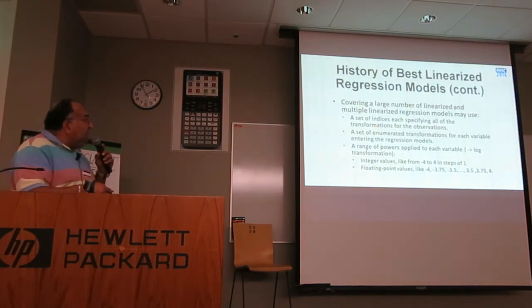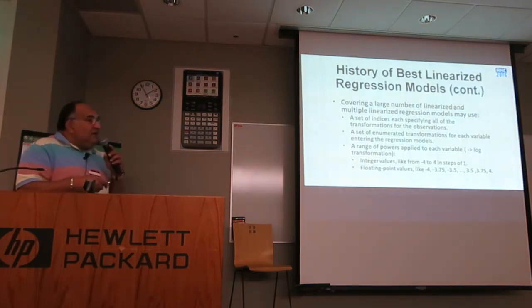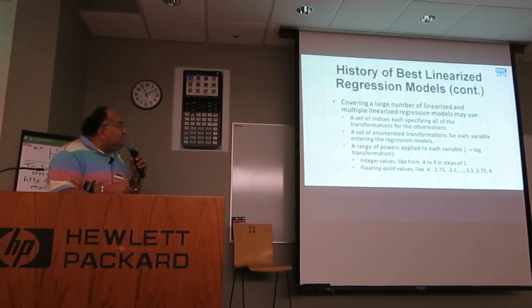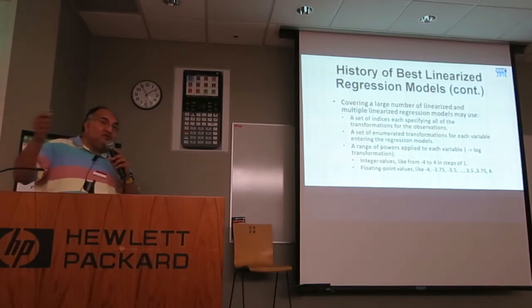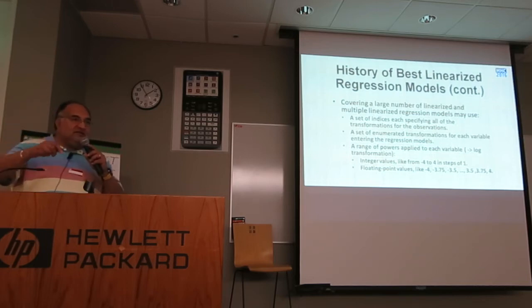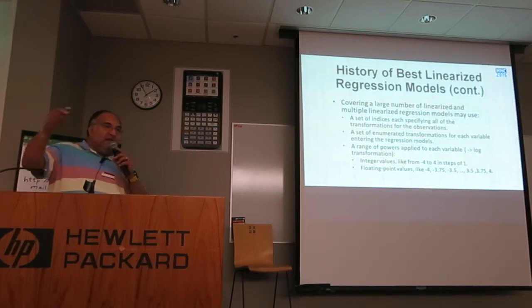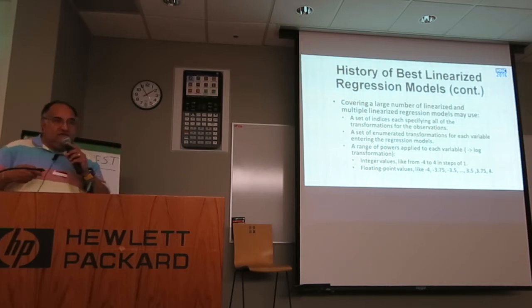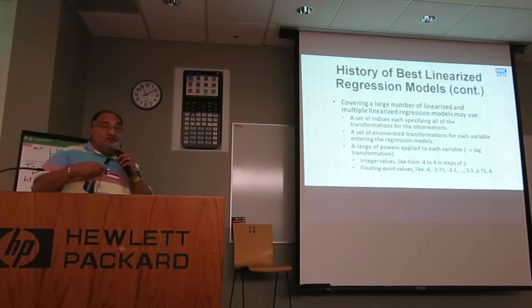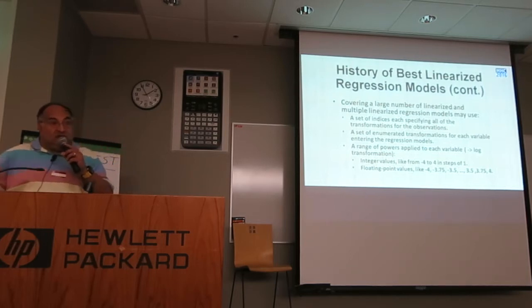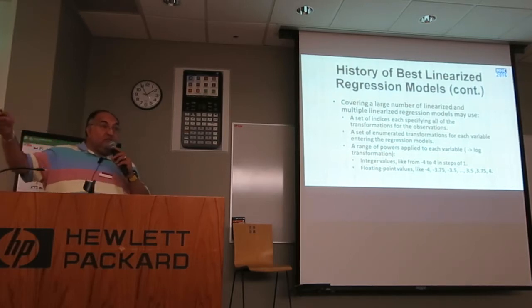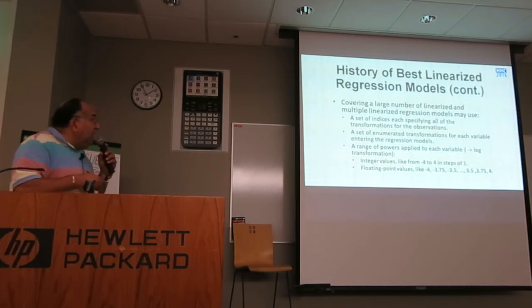The first option is you set indices specifying all of the transformations for the model. Number 1 is linear, number 2 is logarithmic, and that will specify the transformation for the variables. And you can do the same for multiple regression with 2, 3 or more independent variables.